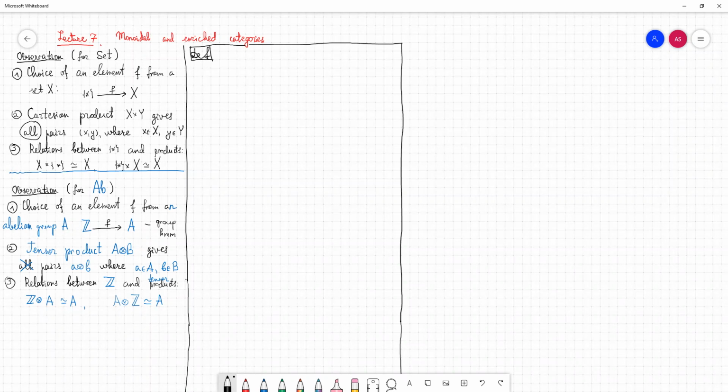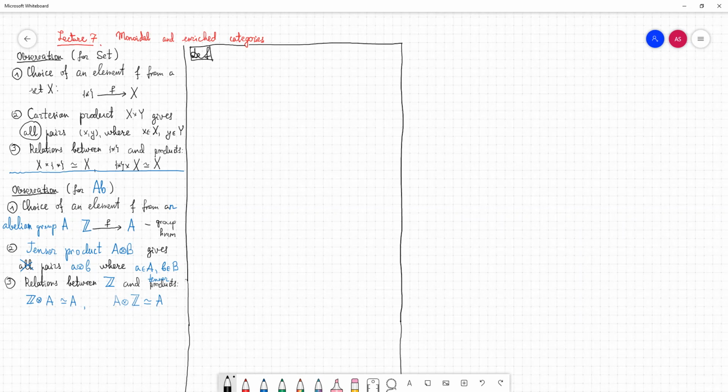Instead of the product X × Y, in the case of abelian groups, we need to look at the tensor product of abelian groups A and B. This gives us not all pairs (a, b), where a belongs to A and b belongs to B, but some pairs, because we have conditions of additivity and linearity on every component.